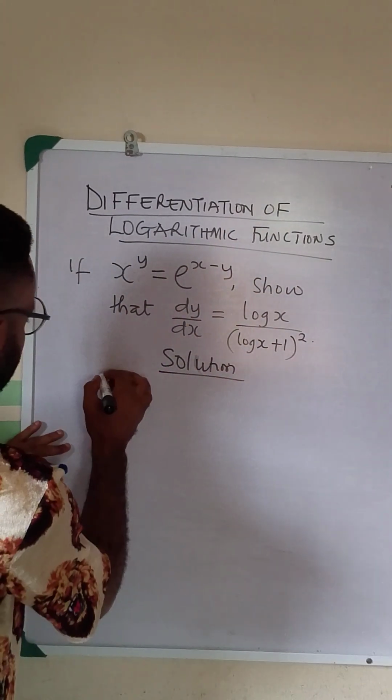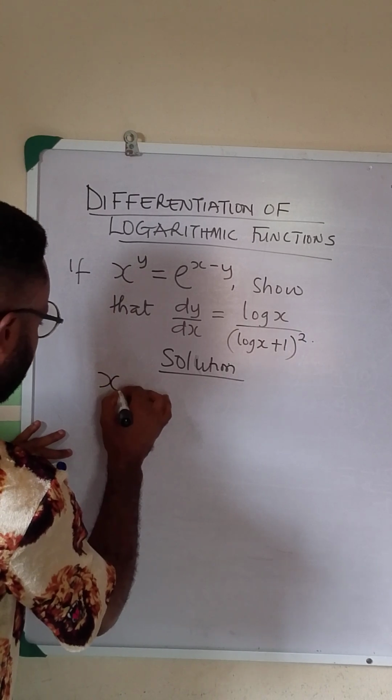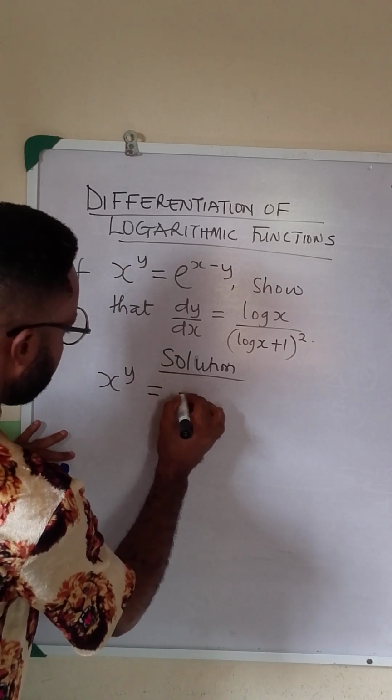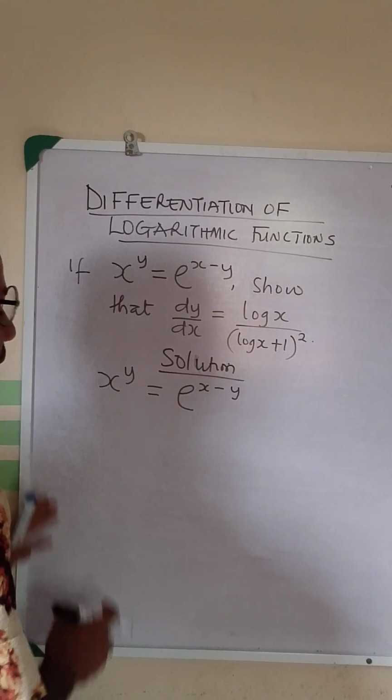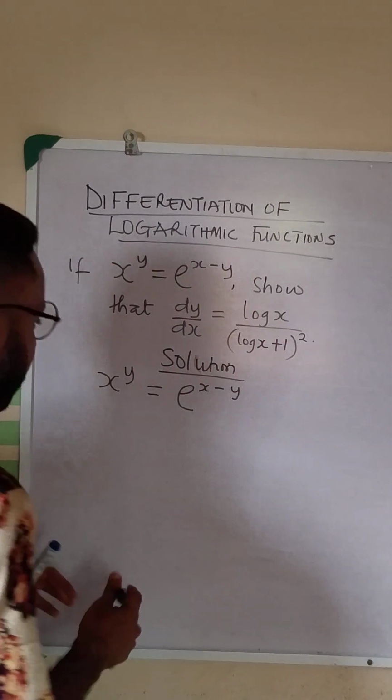So we write out the question. We have that x raised to power y equals exponent x minus y. To solve this, we have to introduce log to both sides of the equation.